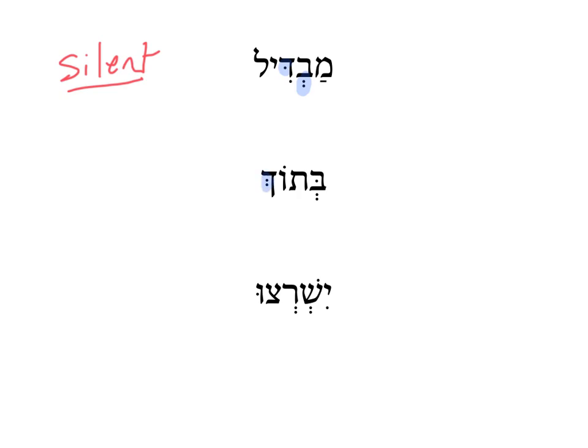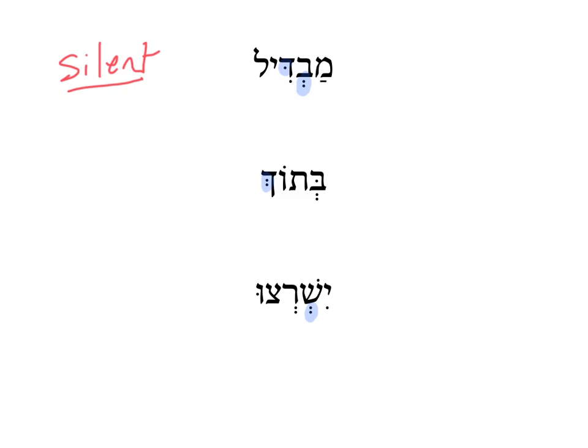Another way is when the Sheva is under the last letter of a word, betoch, in the midst, then it's silent. Or again, when there's two Sheva consecutive, the first one is silent. Yishratsu, let them swarm.